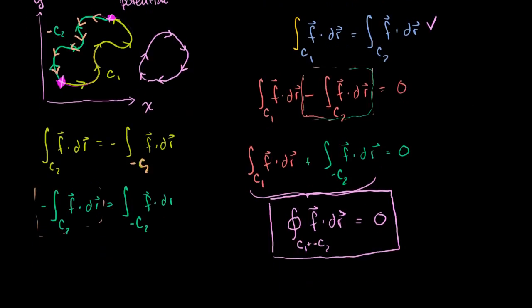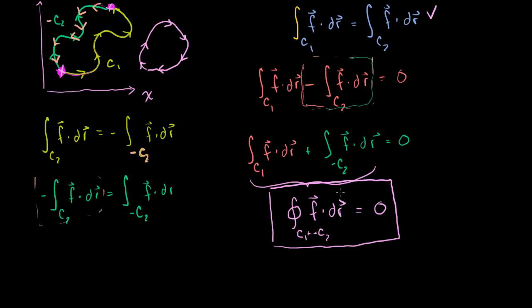So that's the neat takeaway here: if you know that this is conservative, and you see this f dot dr, and someone asks you to evaluate this given that f is conservative, or given that f is the gradient of another function, or given that f is path independent, you can now immediately say that it is going to be equal to 0, which simplifies the math a good bit.